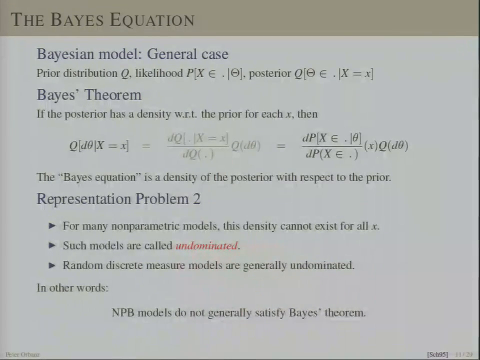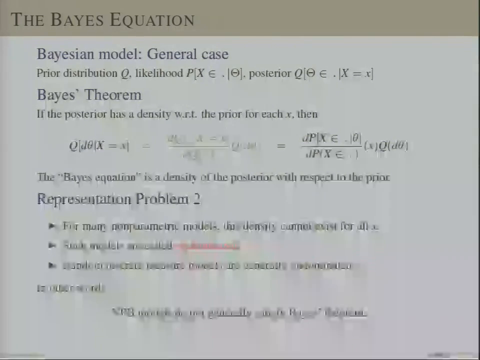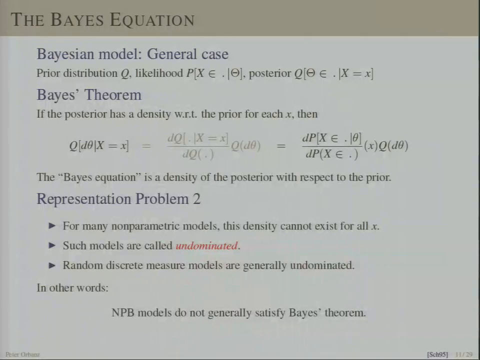Remember what I said on the last slide: the density is a rule that tells us how to take one probability distribution and reweight it to turn it into another probability distribution. Now what this says is we have a density that is parameterized by the data we have observed, and which tells us how we have to reweight our prior distribution to give us a posterior, given this data.